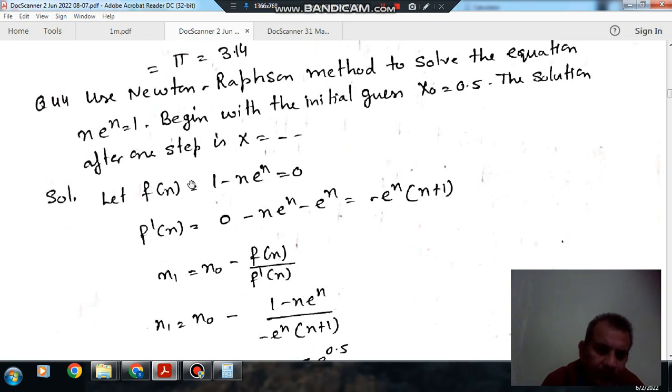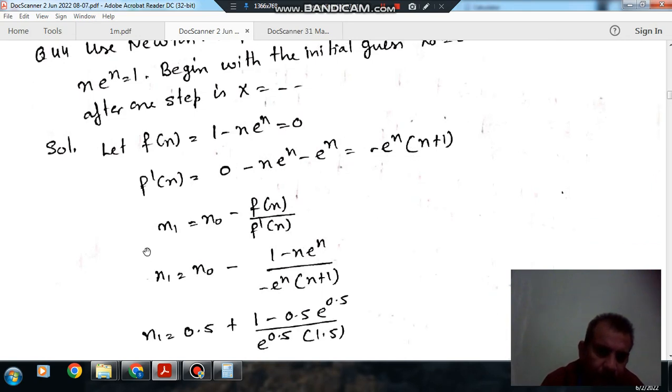Taking this as f(x), f dash x is its differentiation, which using the product rule will be minus x e^x minus e^x, so it will be minus e^x times (x plus 1).